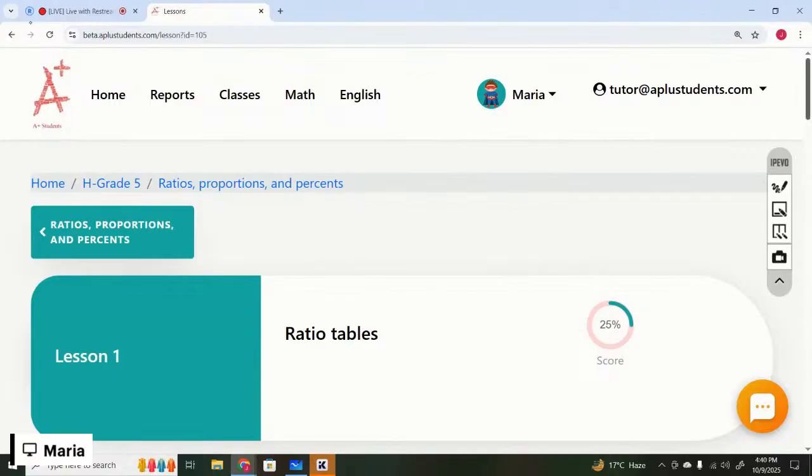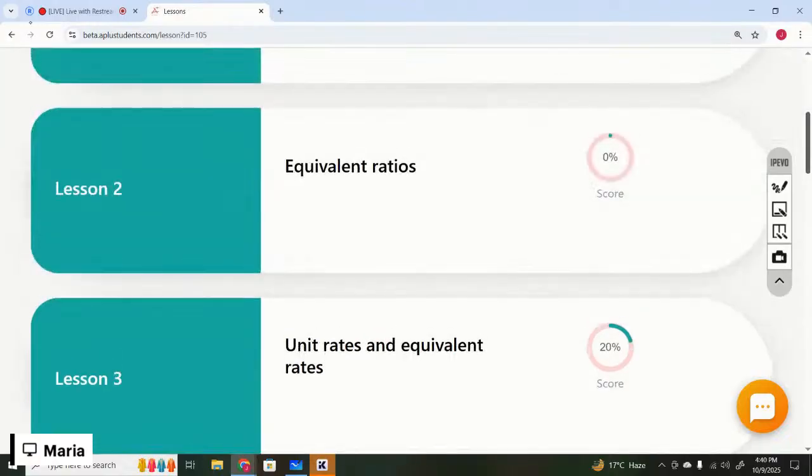The lessons we have covered today are ratio tables, equivalent ratios, unit rates and equivalent rates. So please make sure before the next session you complete all the practice questions for the lessons we just did. That is your homework until the next session.